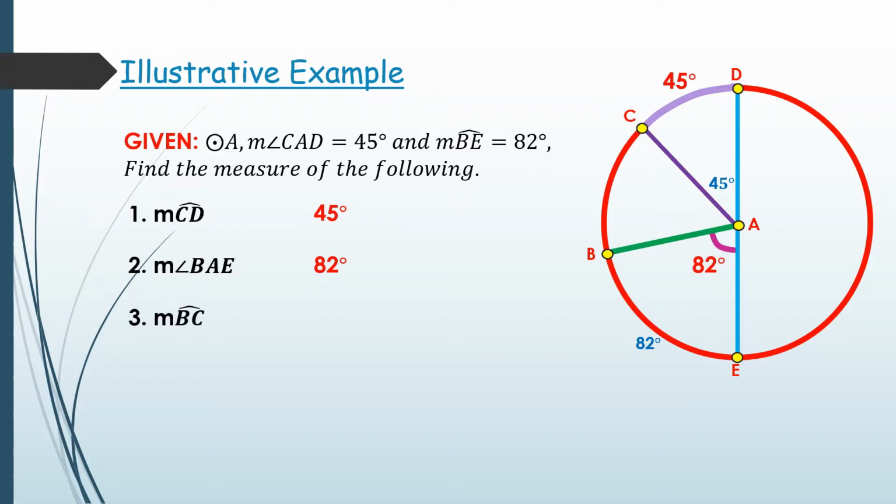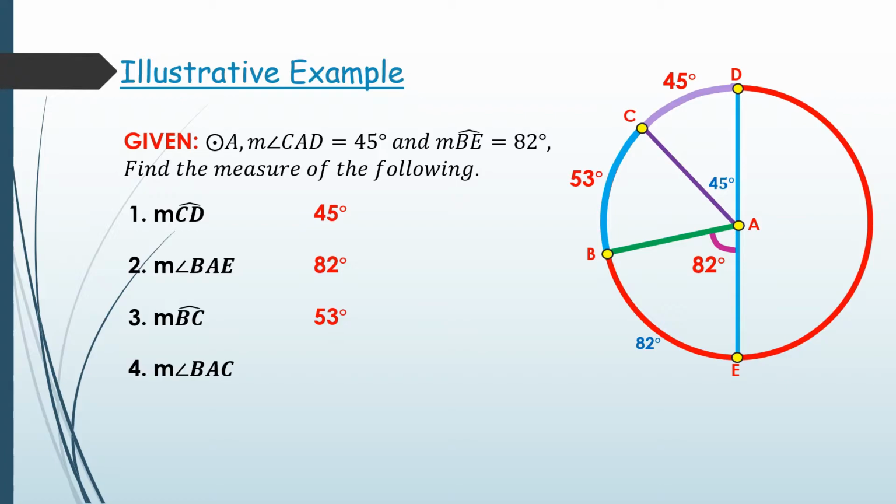Let's have measure of arc BC. So BC is an arc which is a part of a semicircle. So therefore, if you combine BE, BC, and CD, you should have 180 degrees. Since we already have here 45 and 82, subtracting it from 180 degrees, you will have 53. So the measure of arc BC is equal to 53 degrees.